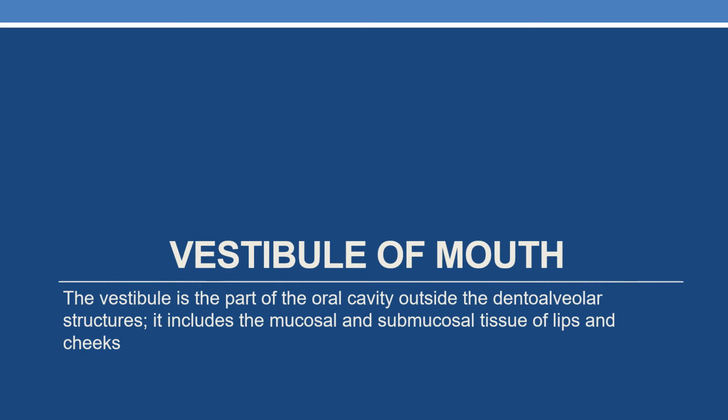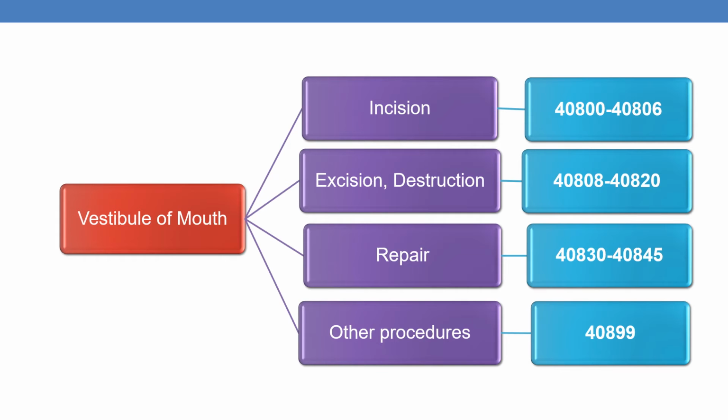Now coming to the next topic in digestive system, that is vestibule of mouth. Vestibule is the part of the oral cavity outside the dentoalveolar structures. It includes the mucosal and submucosal tissue of lips and cheeks. The CPTs under vestibule of mouth are categorized into incision, excision, destruction, repair, and finally other procedures.